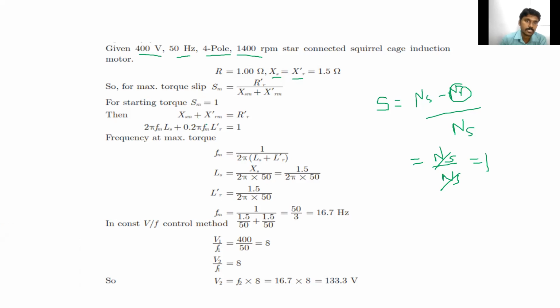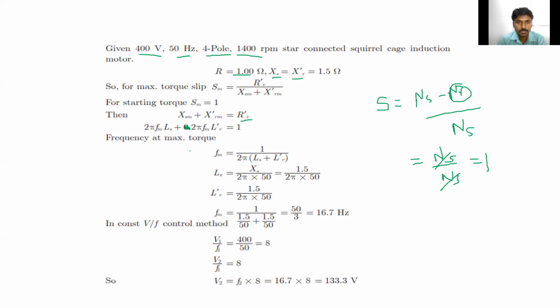So then Xsm plus Xrm dash is equal to Rr dash. Here X is nothing but 2 pi f L, referred to the stator, so we write 2 pi fm into Ls plus 2 pi fm into Lr dash, which refers to the rotor parameters, is equal to 1, since the rotor resistance is 1 as given in the numerical.